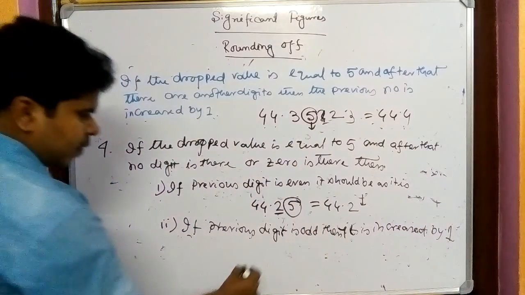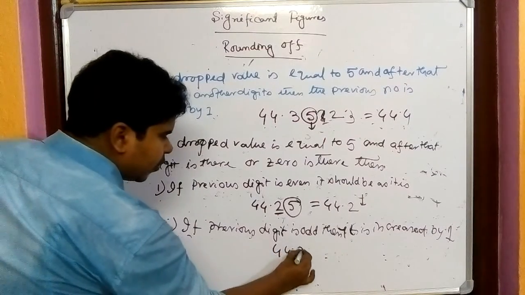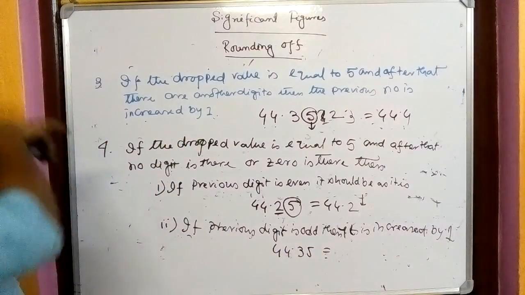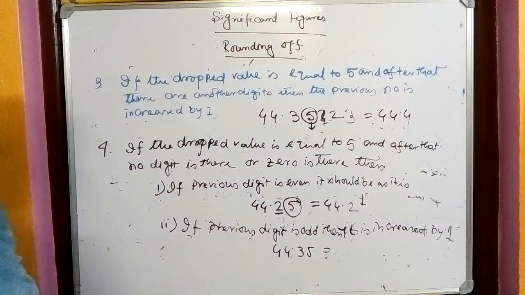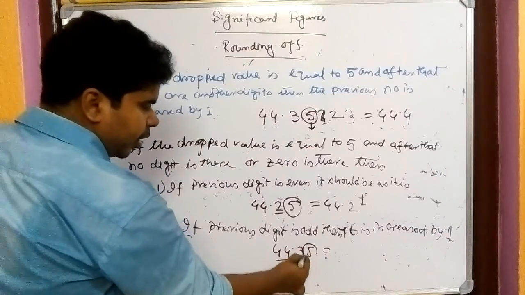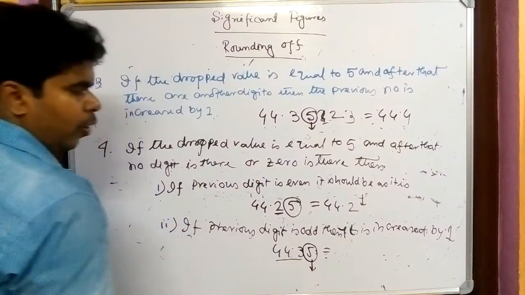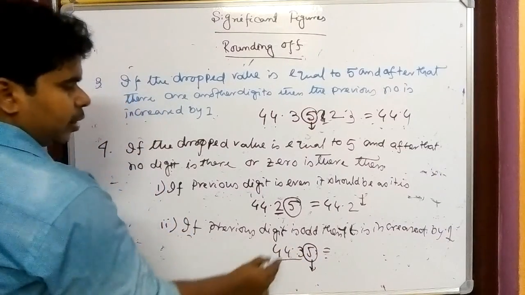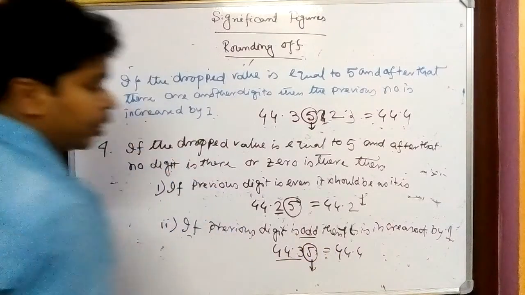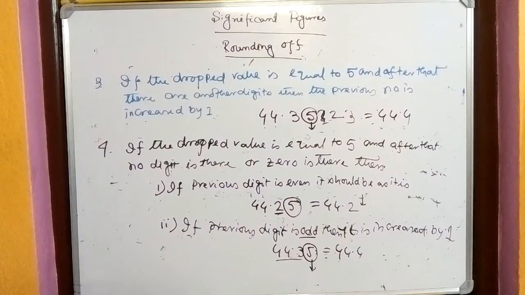That means if it is 44.35, and we are rounding off to 3 digits, so here 44.3, the 3 digits are there, 5 is the dropped value, previous number 3 is odd, so it is increased by 1, 44.4. So this is the rule of rounding off.